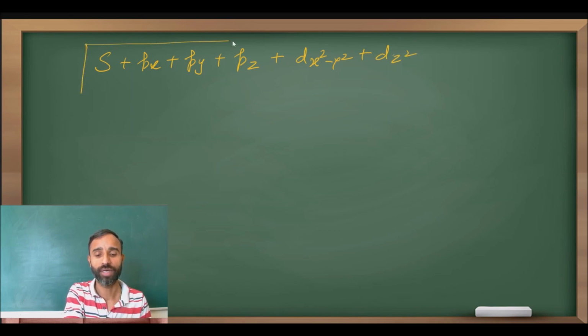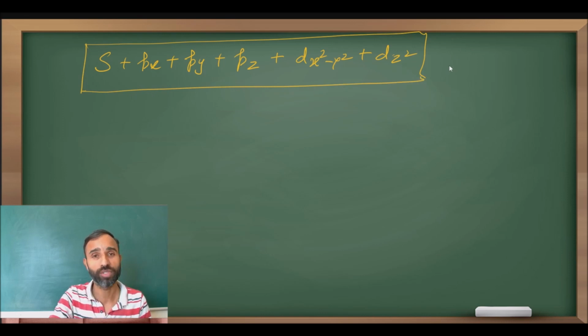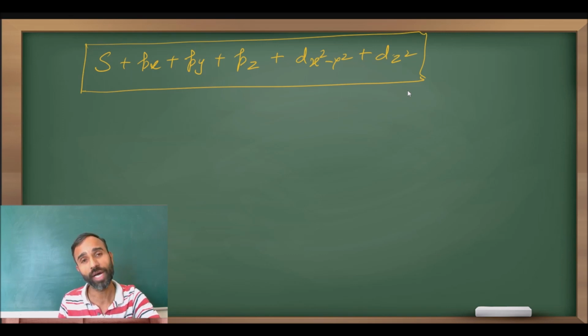These are the 6 atomic orbitals of sulfur which are involved in hybridization to form 6 hybrid orbitals, and they are combined linearly. So how many hybrid orbitals are formed? See, if n atomic orbitals combine, we will get n hybrid orbitals.